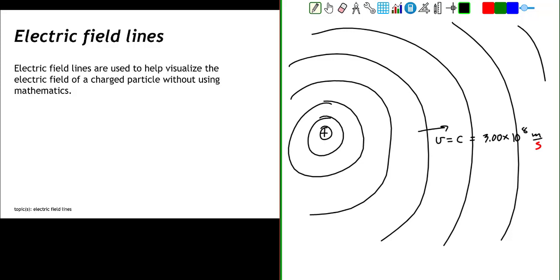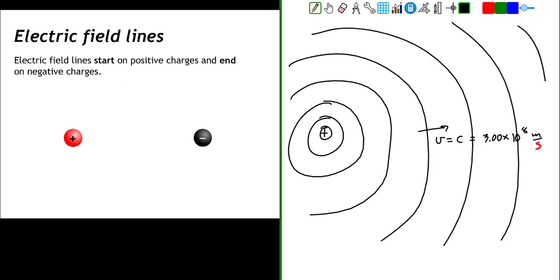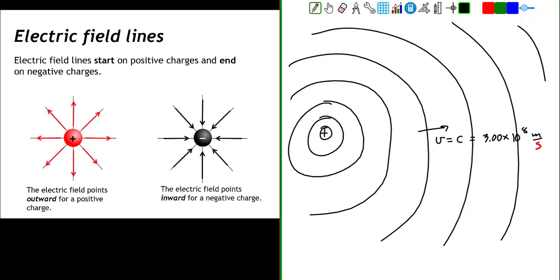Instead, we're going to use electric field lines to help us visualize the electric field of a charged particle without using any or much mathematics at all. Let's start with these 2 charges, a positive and a negative charge. The electric field points outward for all positive charges, and it points inward for all negative charges.